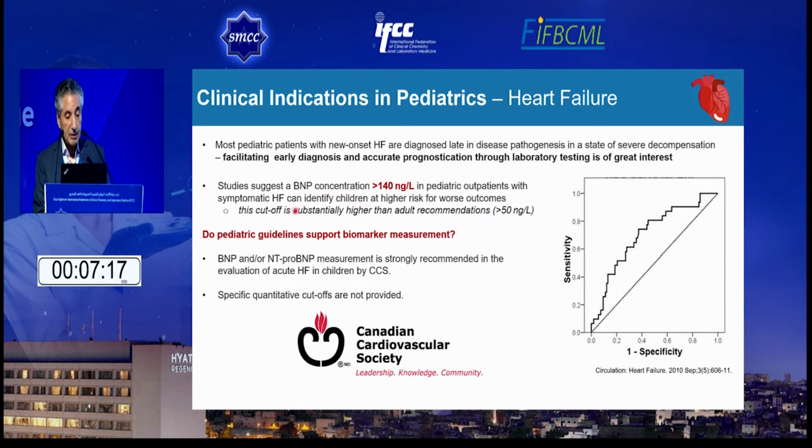So studies suggest that a BNP concentration of more than 140 nanograms per liter in pediatric outpatients with symptomatic heart failure can identify children at higher risk of worse outcome. And this cutoff is substantially higher than the adult recommendation, which is actually 50. So again, you can see that you do require specific attention to pediatric patients, and the cutoffs you use do need to be appropriate to the pediatric population.